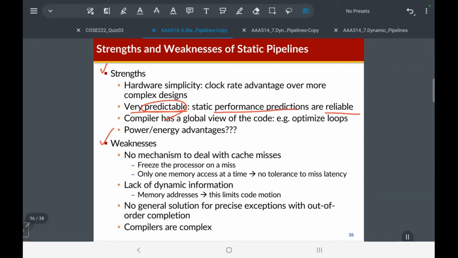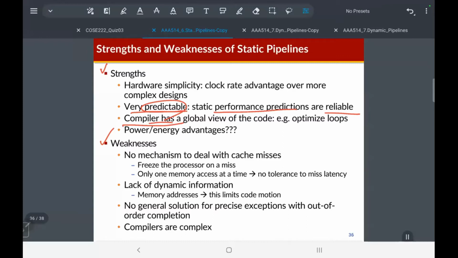And the compiler needs to do a lot of work, but because the hardware is very simple, software engineers or compiler engineers can understand the hardware aspects more easily. So we can apply compiler optimizations relatively easily. Compilers can benefit from this hardware architecture.